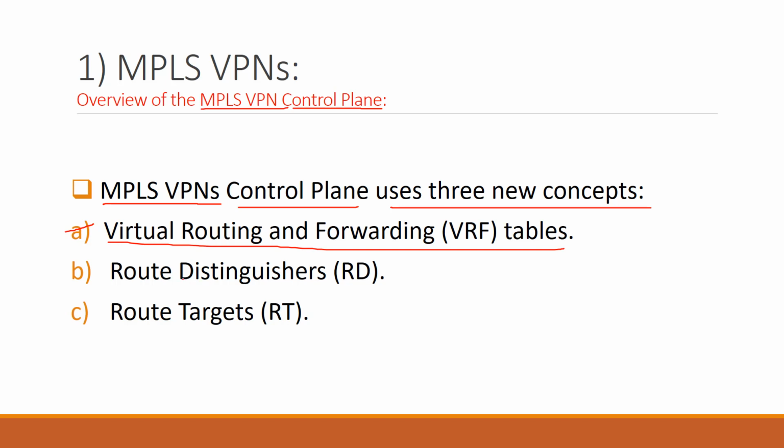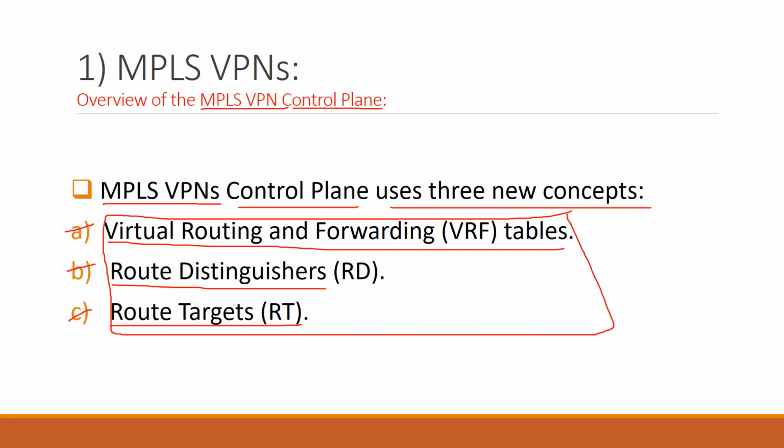And inside these VRFs, we will use a new concept called route distinguishers and another concept called route targets. These three concepts represent the MPLS VPN control plane, and we will discuss each one of these in detail in the coming slides.